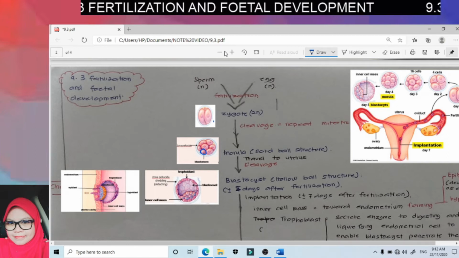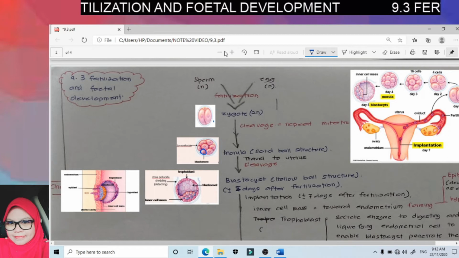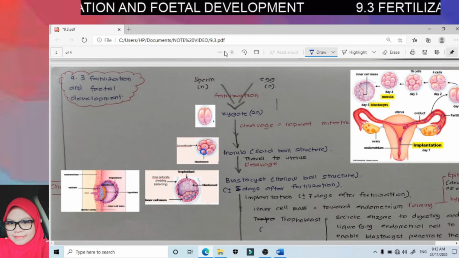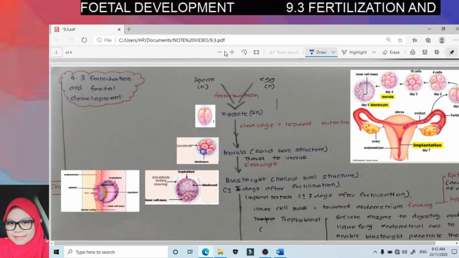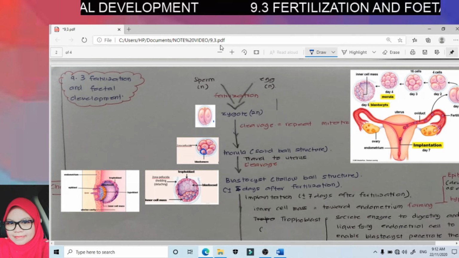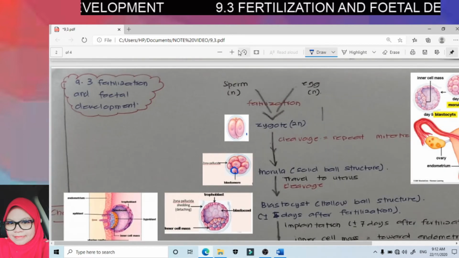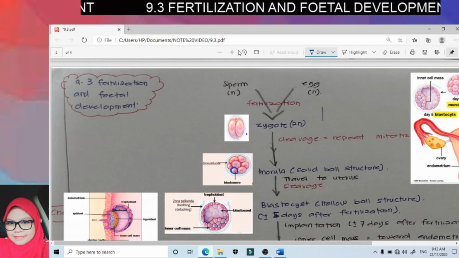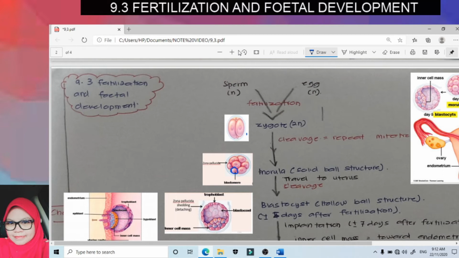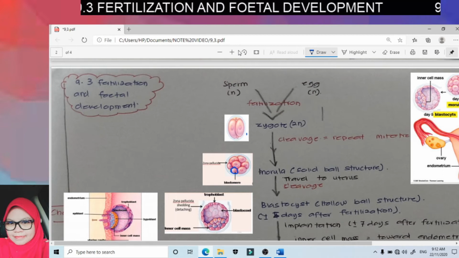This morula is surrounded by the zona pellucida. A single cell of the morula is called a blastomere.